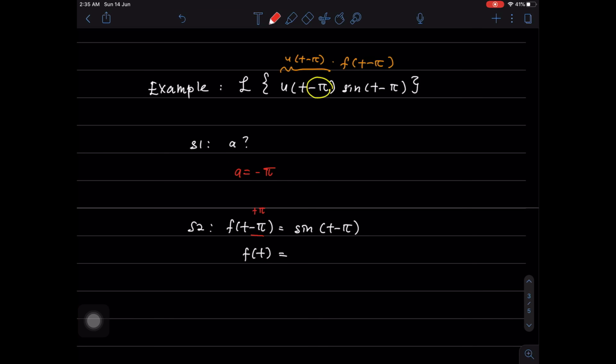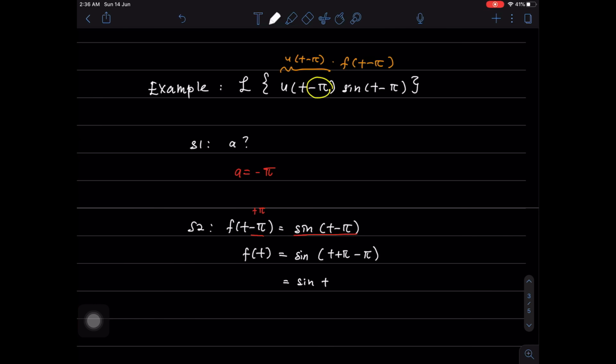Therefore, whatever t appears on the right side, you need to replace it by t plus π. So what you have here is sin(t+π-π), therefore you will only be left with sin t.